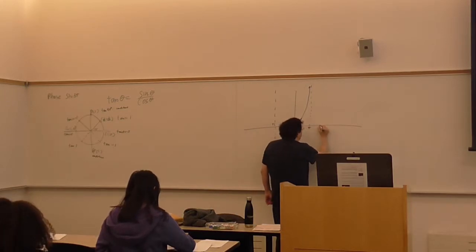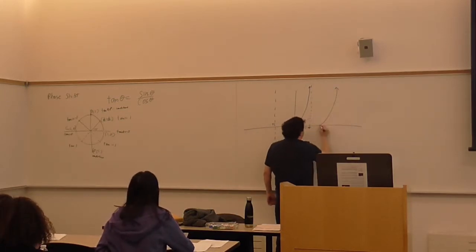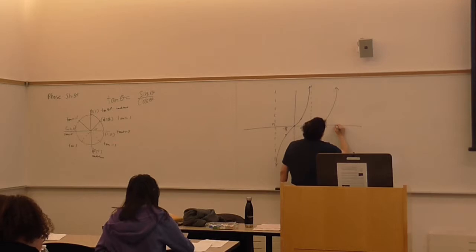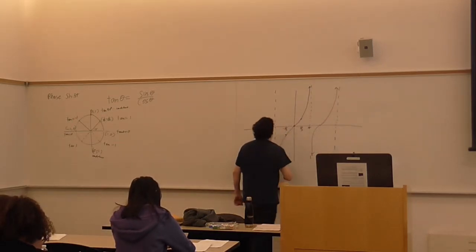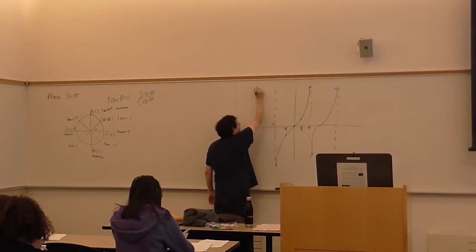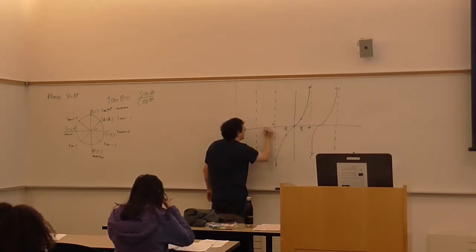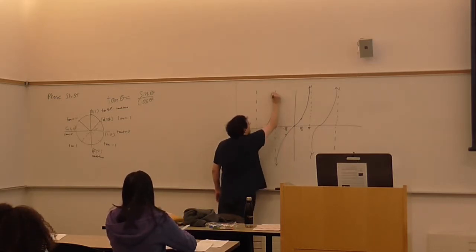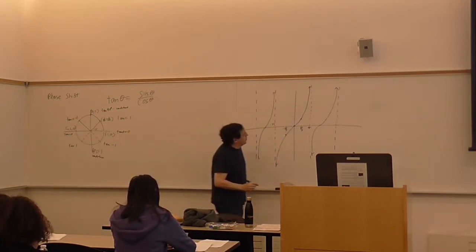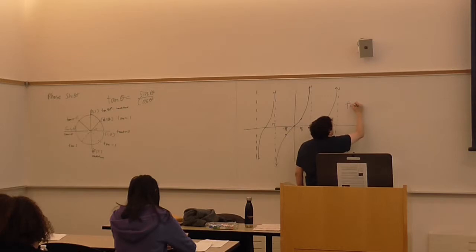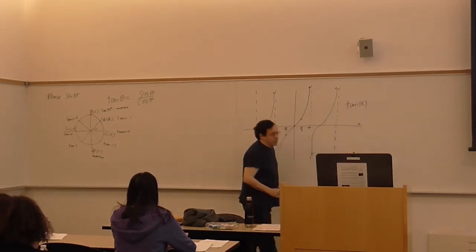It repeats every pi. So we have this phenomenon of periodic asymptotes. Okay, so this is the graph of the tangent. Tangent of x on my xy coordinates here.